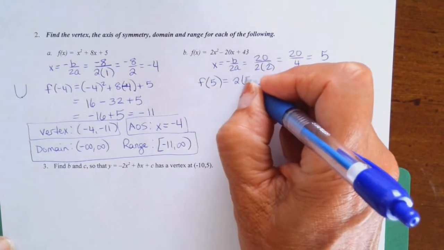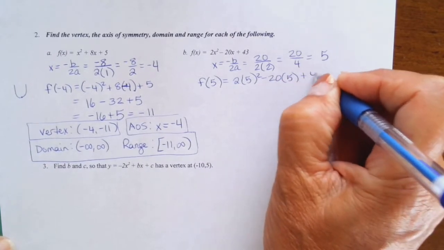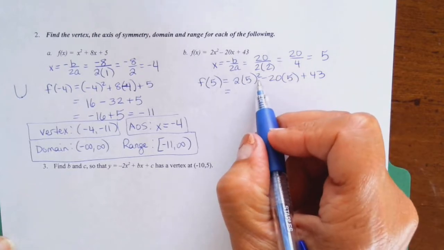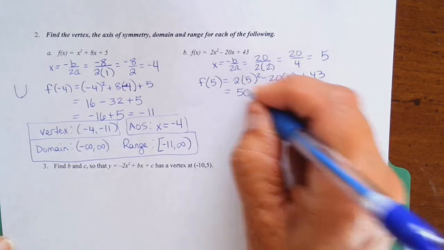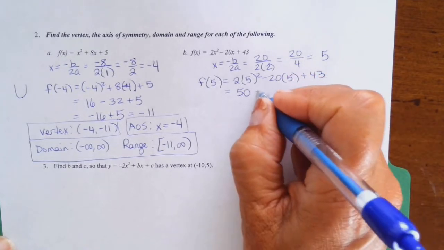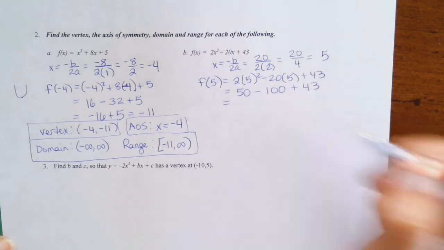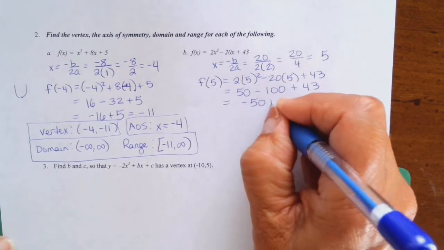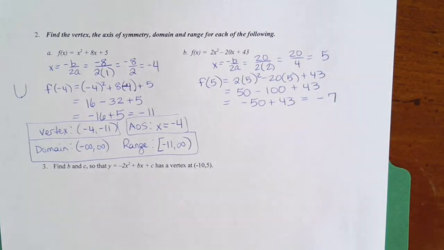So 2 times 5 squared minus 20 times 5 plus 43. All right, so that gives us 5 squared, which is 25. 25 times 2 is 50. Negative 20 times 5 is negative 100 plus 43. So do this in order. 50 minus 100, negative 50 plus 43 will end up giving you a negative 7.